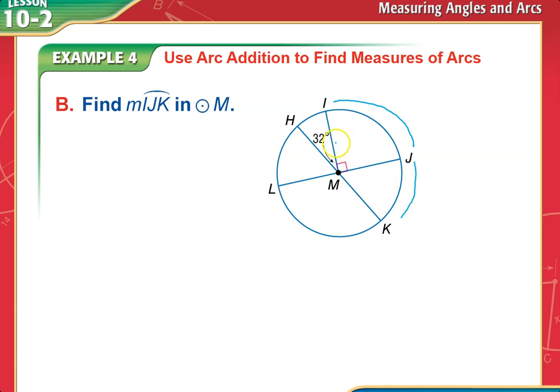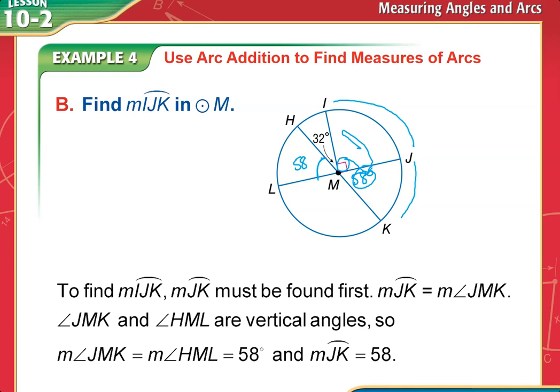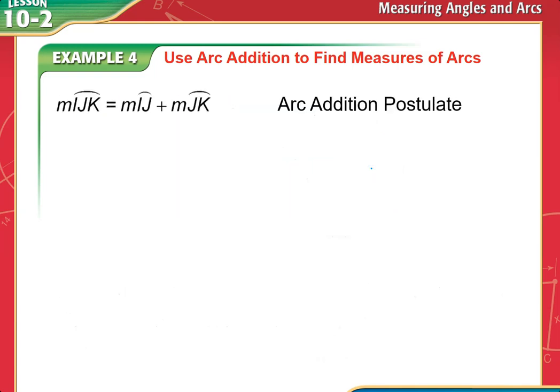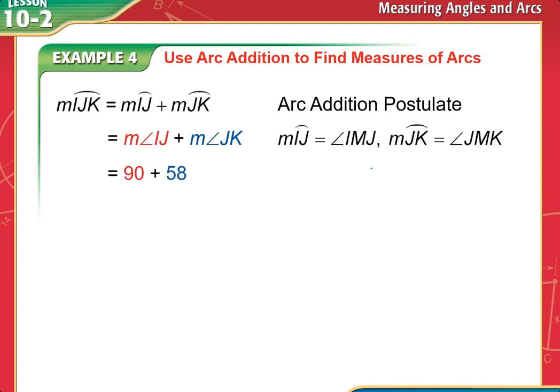Think about that for a second. Now, I think we already know. Remember, we found that this arc was 58 degrees. I believe this is a vertical angle. And we're going to add our 90 to our 58. There we go. 90 plus 58 is our 148.